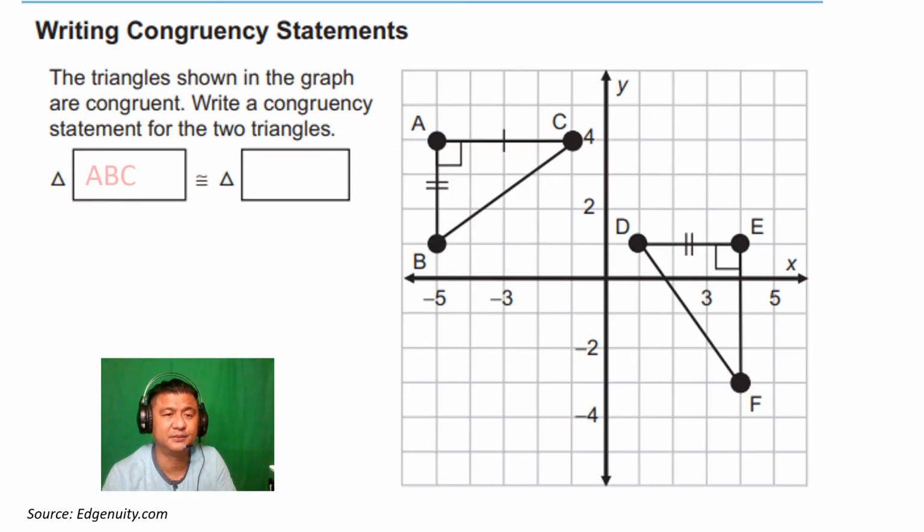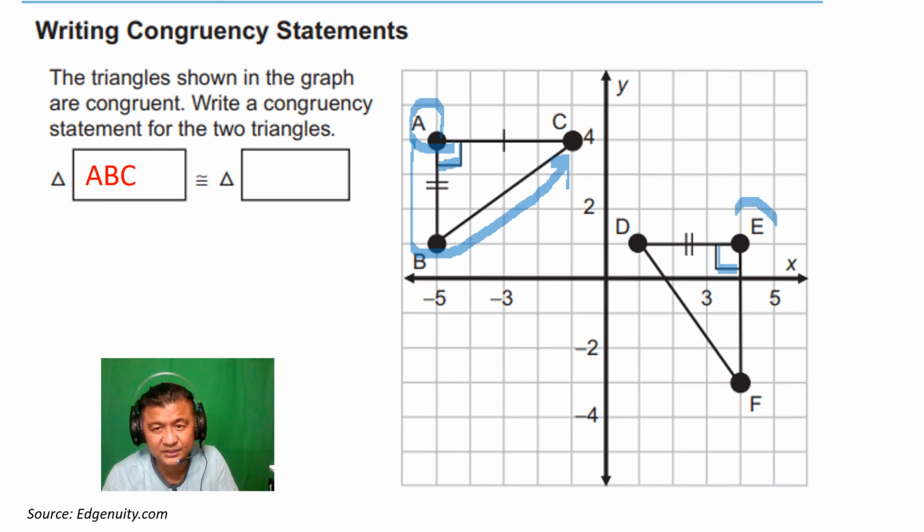For example, triangle ABC. I started naming this as A, B, C. So how will I match it? Will I start with D? You start with the point near the 90 degrees. So where is the point near the 90 degrees? It's here.